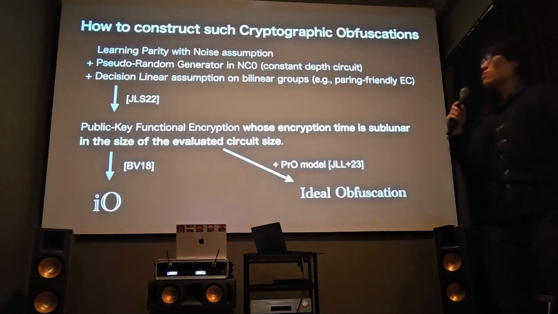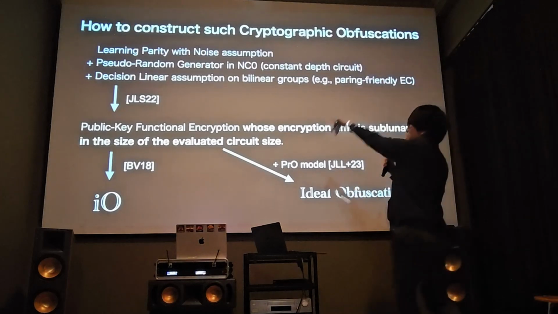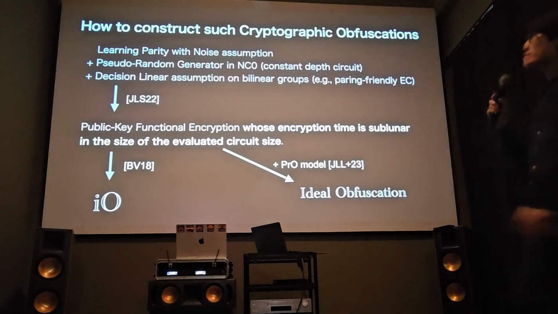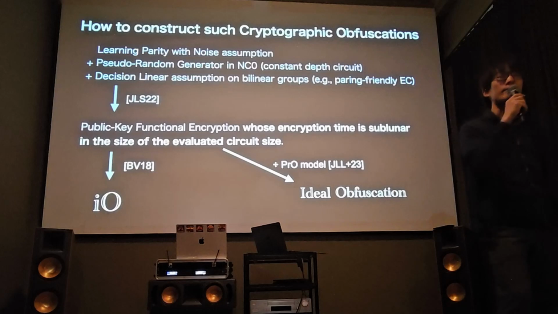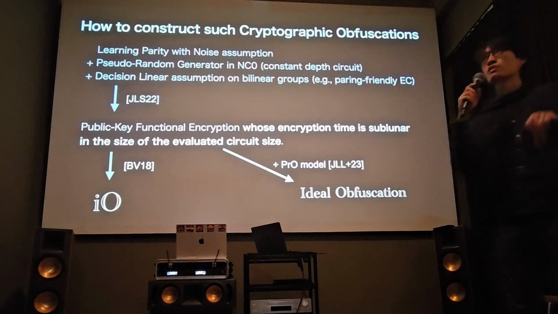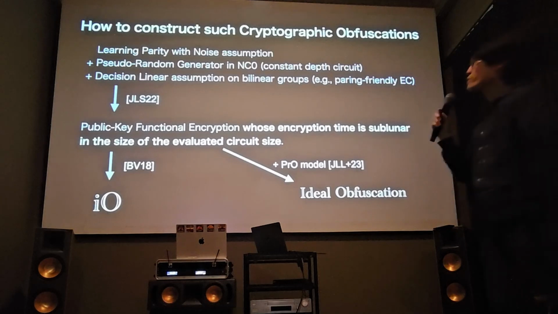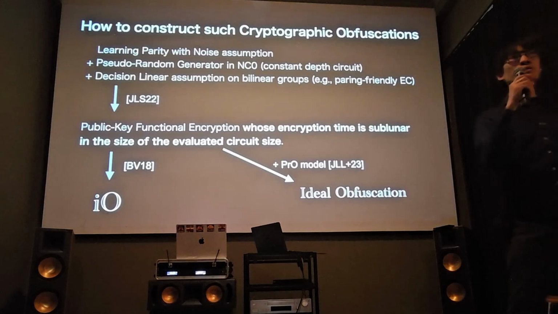So, if you believe these three cryptographic assumptions, the first one is the learning parity with noise assumption. It's similar to LWE, but the noise distributions are slightly different. The second one just says we have some slow pseudorandom generator with constant depth circuits.